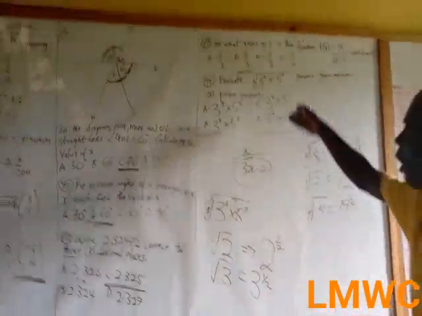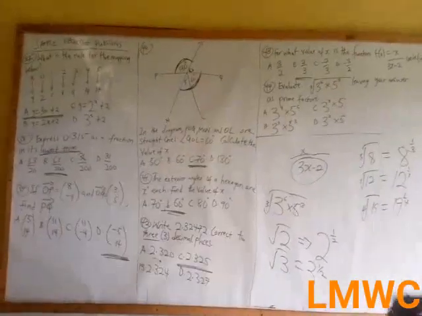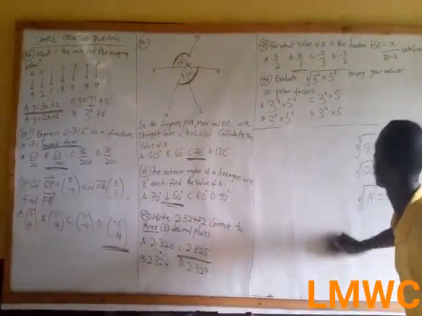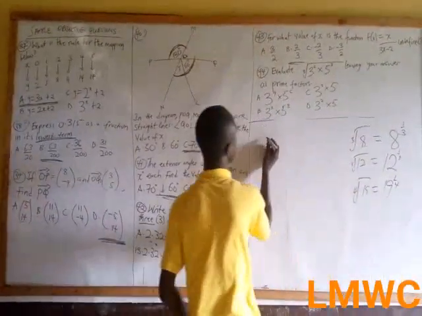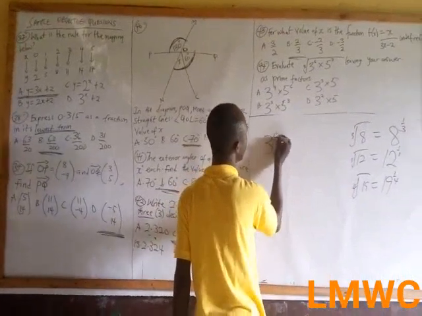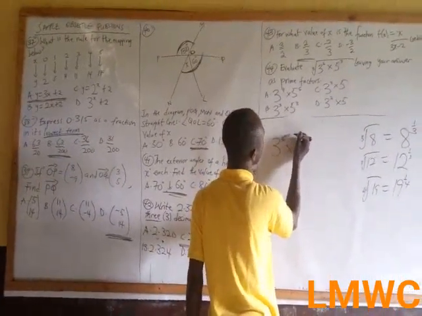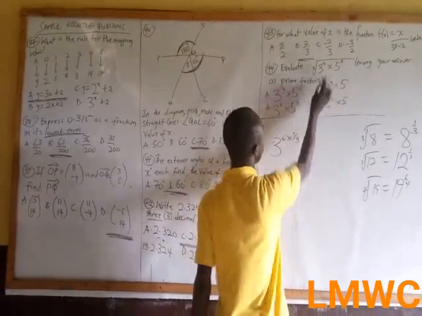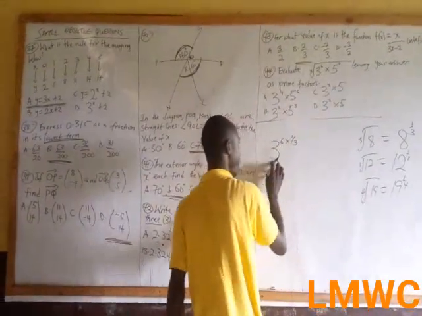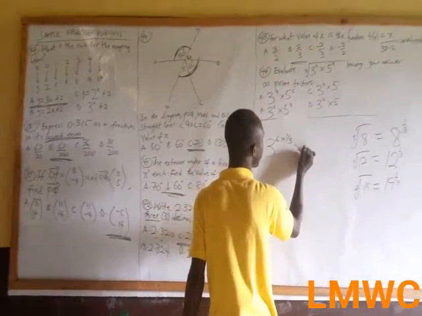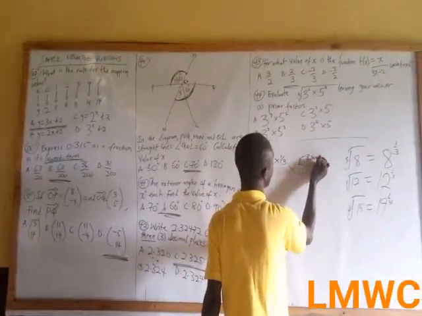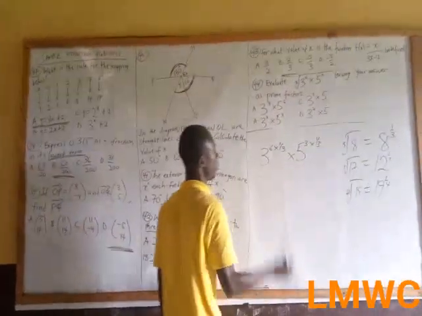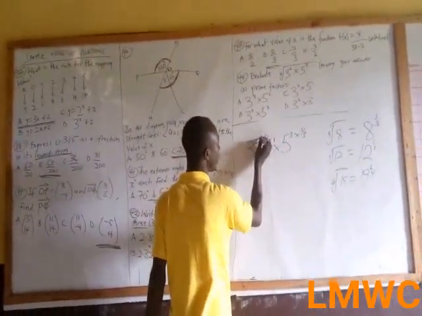I want you to appreciate it. So now I have given you this question. This is how you tackle it. It's the same as 3 power 6 times 1 over 3, because I said this is the same as 3 power 1 over 3, times 5 power 3 times 1 over 3, because they are all in cube root. 3 goes here 1, 3 goes here 2.